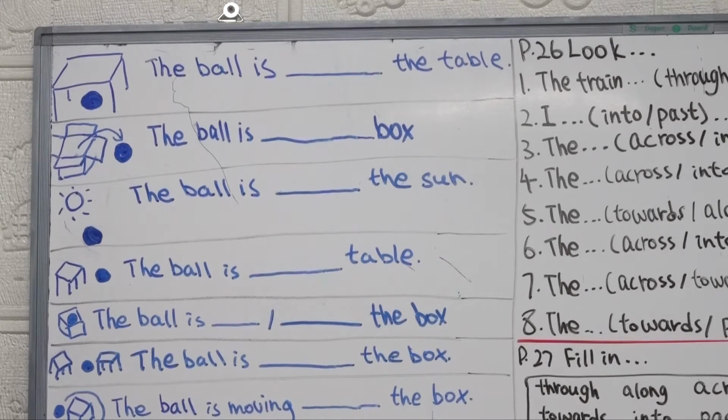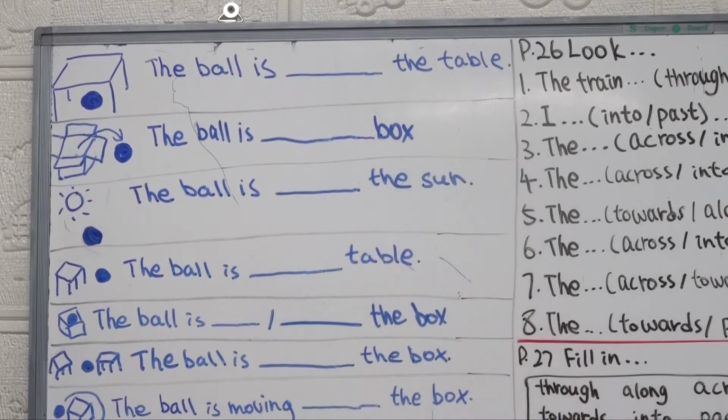The first one we learned is under, and then next to, below, outside, in, between, around, across from, inside, among, on the right, on the left, in front of, and opposite. Don't worry, I'll give you hints, okay?